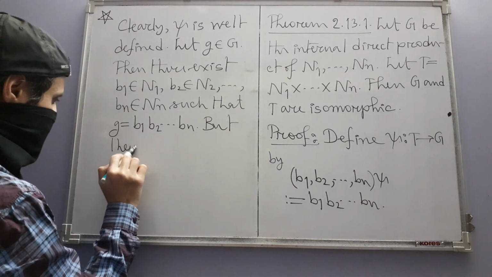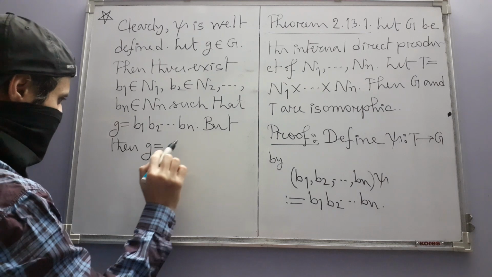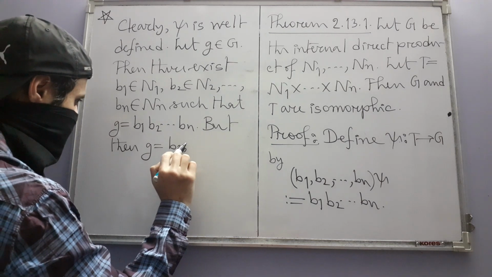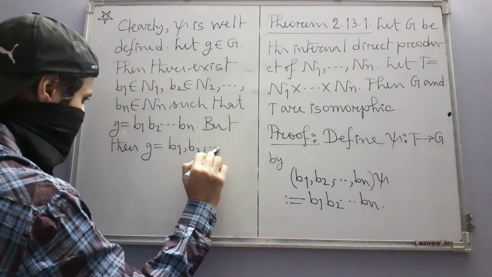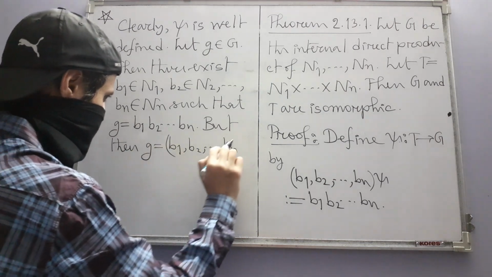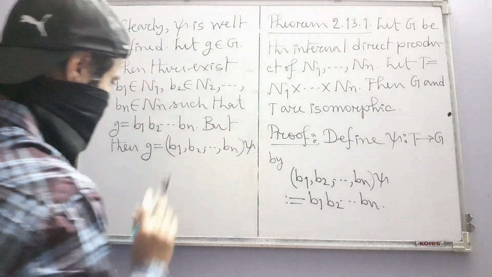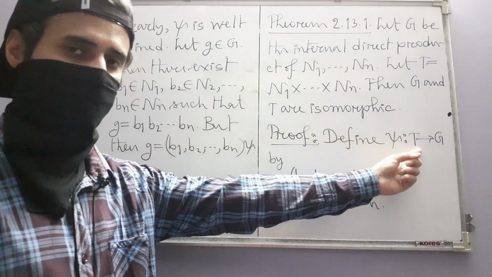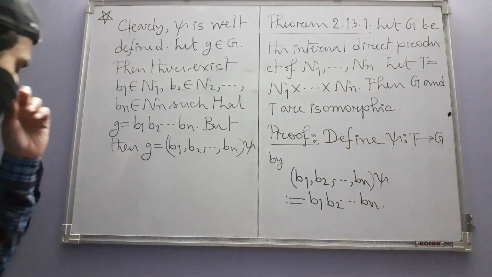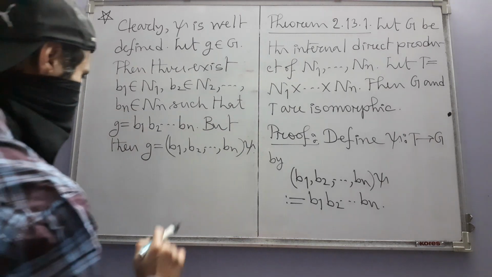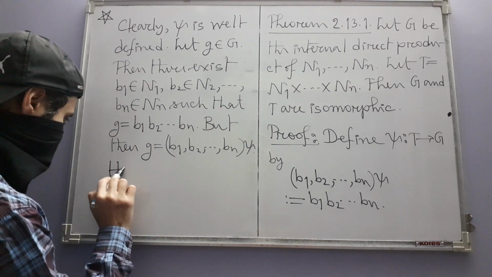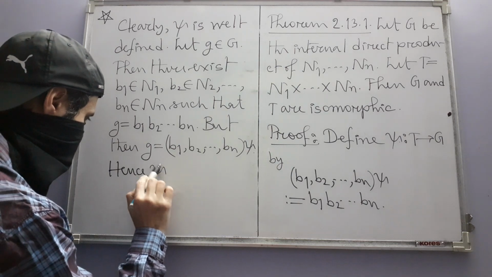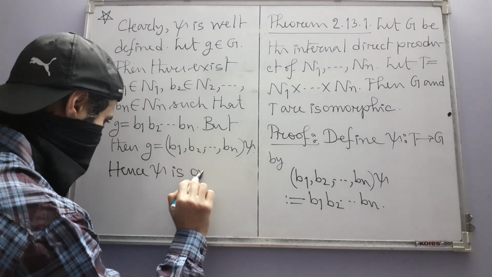But then g is also the psi image of this element, this ordered n-tuple, which of course is in T. Hence, psi is onto.